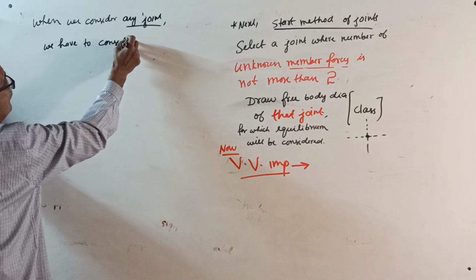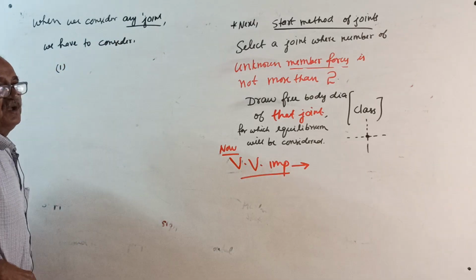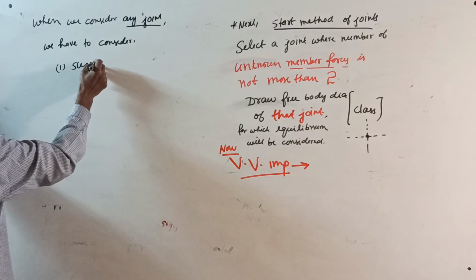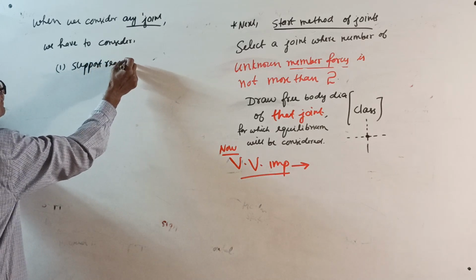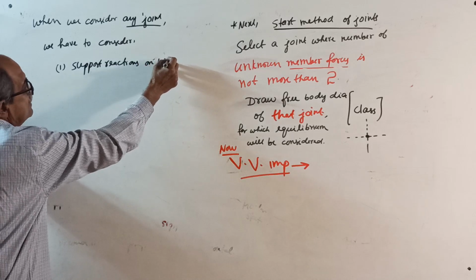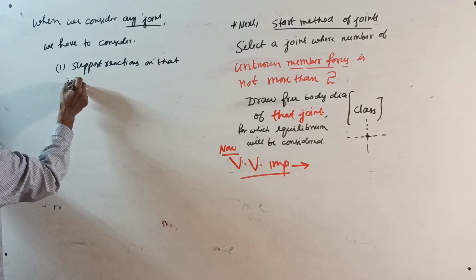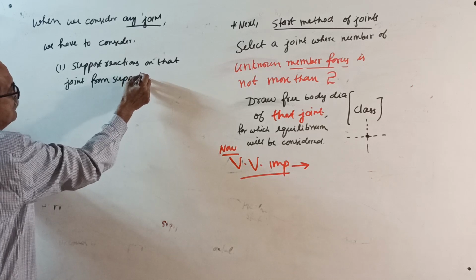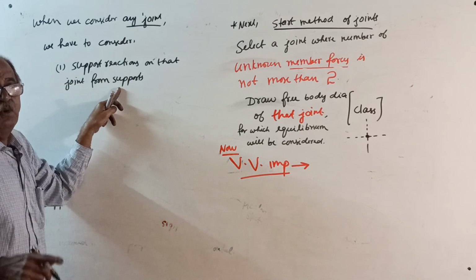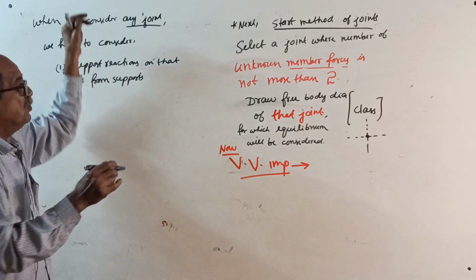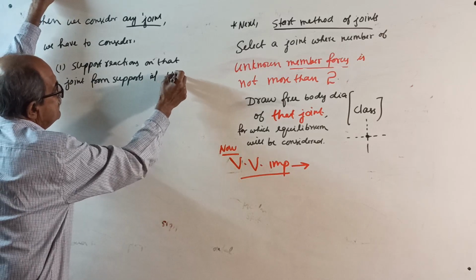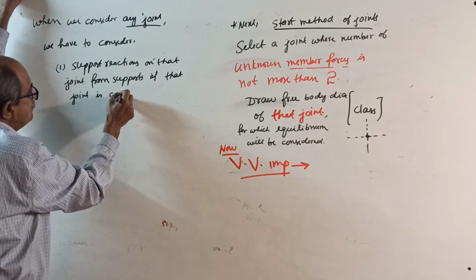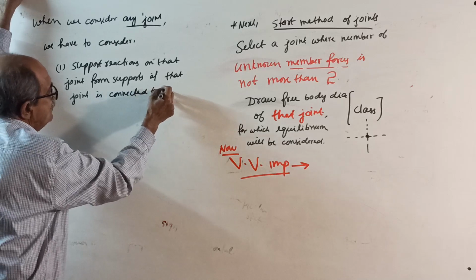First one: support reactions on that joint from supports. You have to consider support reactions on that joint if that joint is connected to a support.